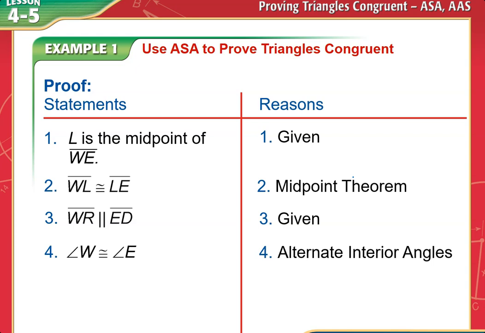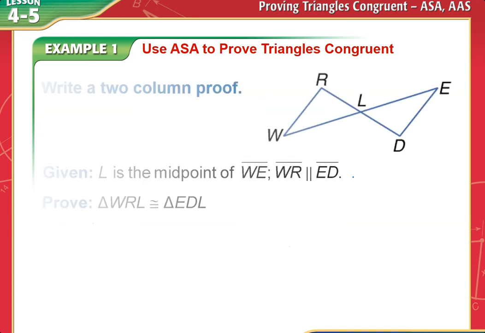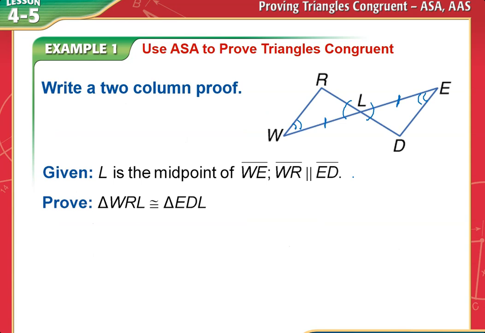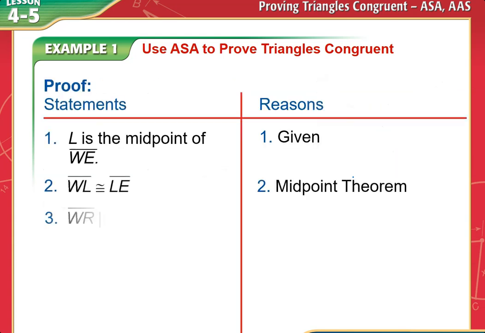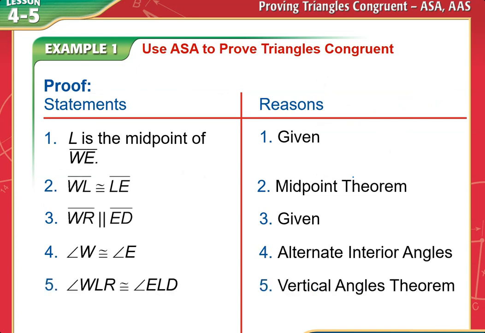Therefore angle W and angle E are alternate interior angles, and our transversal is line segment RD. We also have the vertical angles theorem, which tells us the two vertical angles are congruent. And therefore the triangles are congruent by ASA, just like we thought.